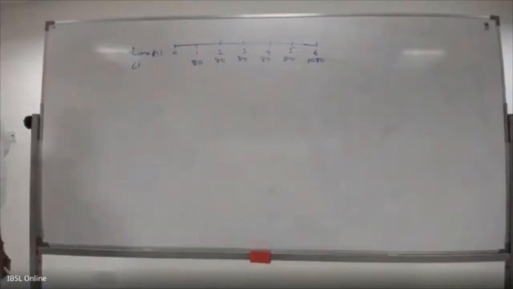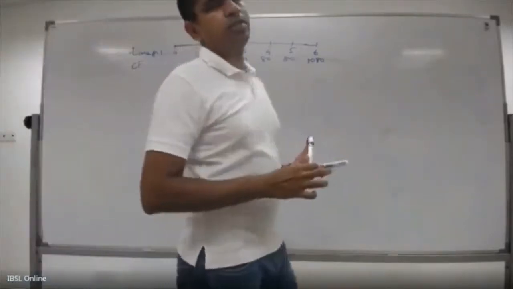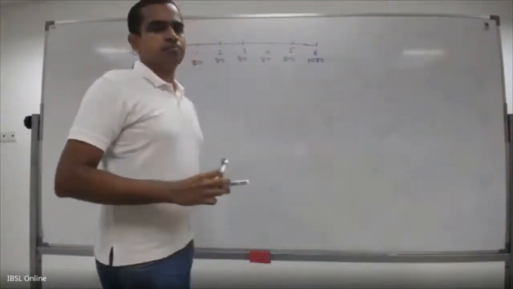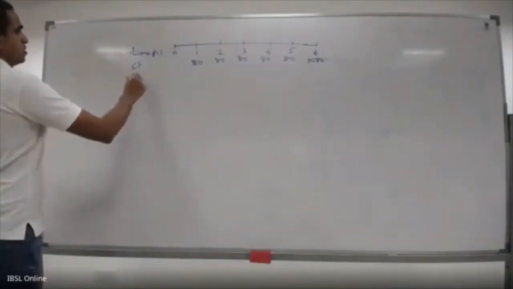Then it said that the market interest rate is 9%. So this market interest rate means the discount rate. Or in other words, it's also called the yield. That is the return that you actually get from this investment. The yield, discount rate. The discounting factor at 9%.